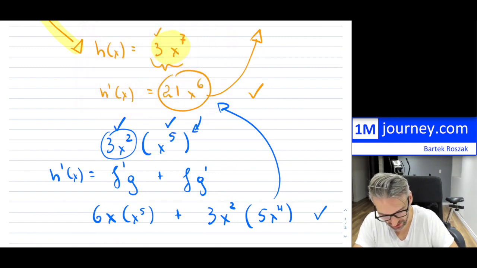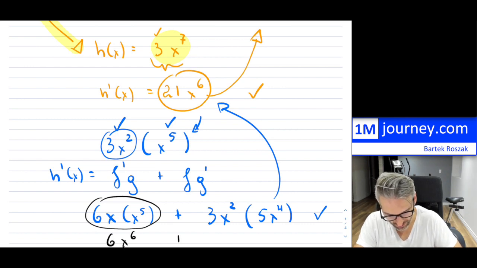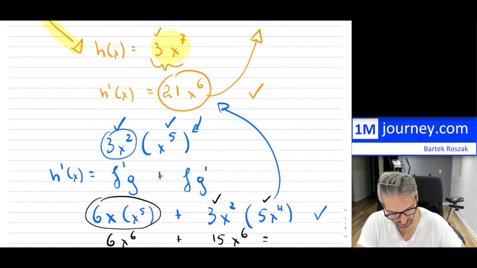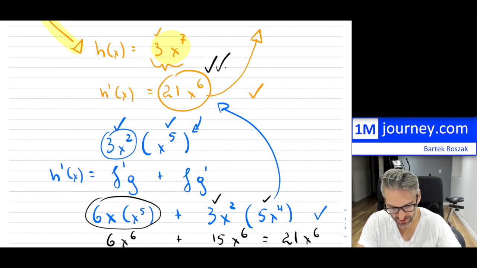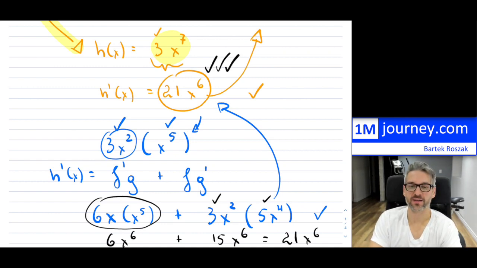So within here, this first term, notice this is just 6x to the 6 plus my second term, so 3 times the 5 is 15. And then again, this is x to the 6. And these are just like terms. And notice what happens. This is just 21x to the 6, which indeed is that.